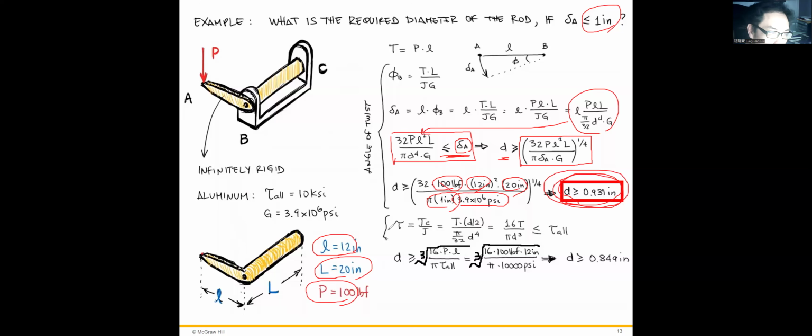And then let's look at the shear stress. The shear stress equals TC over J. The torque we already know, C is half of the diameter, and J is for the solid rod. This term has to be smaller than the allowable stress that the question tells you.